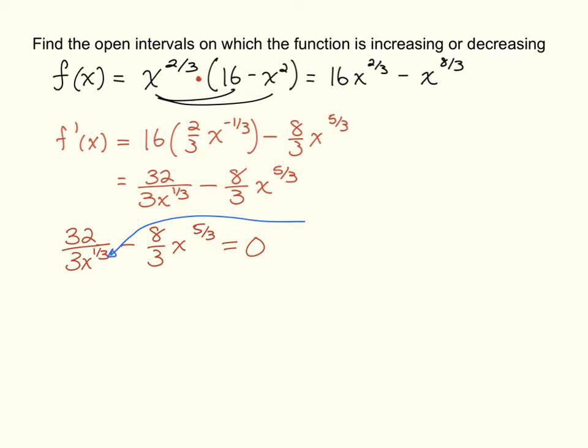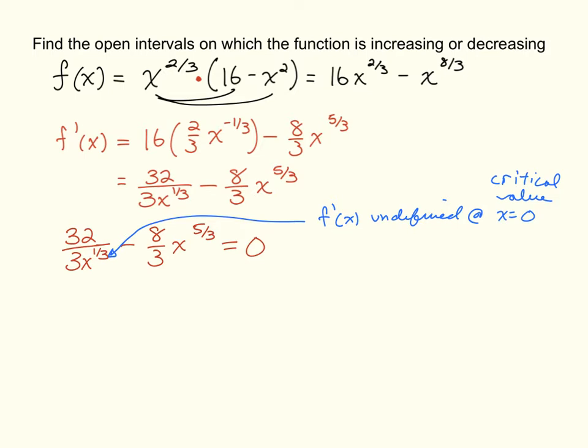And if you set that denominator equal to 0 and solve for x, you will see that the derivative is undefined at x equals 0. So this is already one critical value for the derivative.